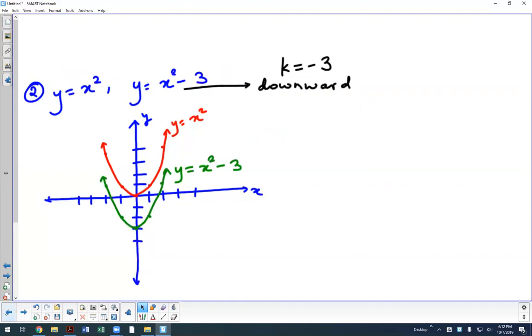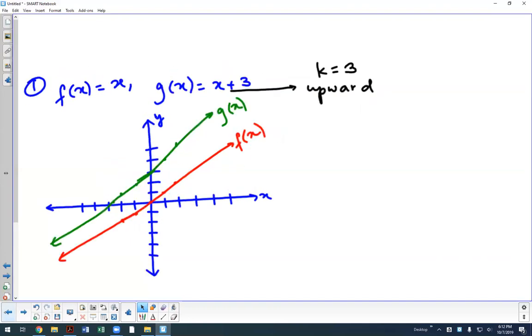Now let me ask you something before we move on to the next example. What kind of domain and range will both the functions have? So the original f of x function and the g of x function, which moved 3 units up.